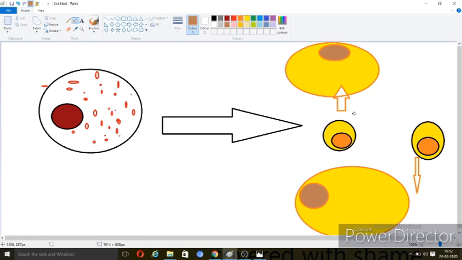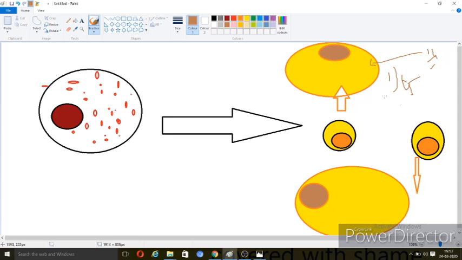So in this way they become a mother cell. So what are the things that they have to undergo? We will see. Number one, they have to grow.